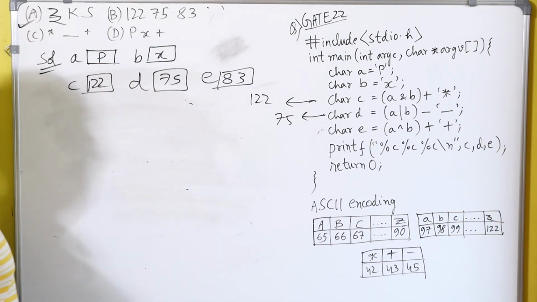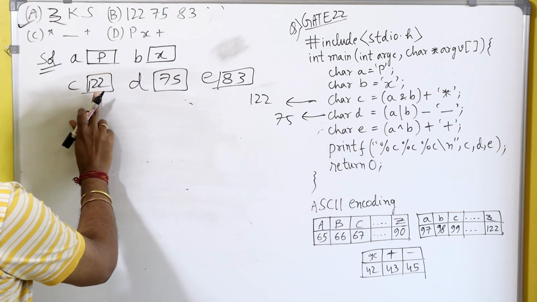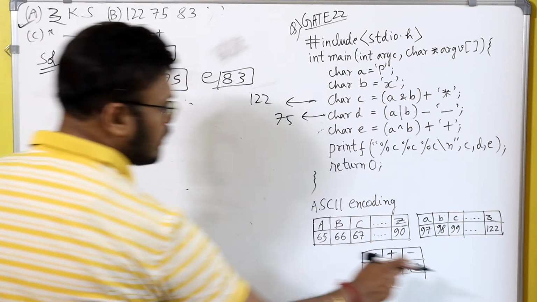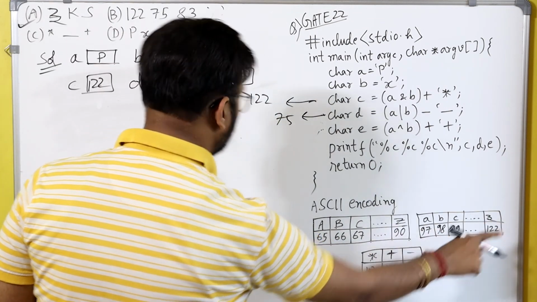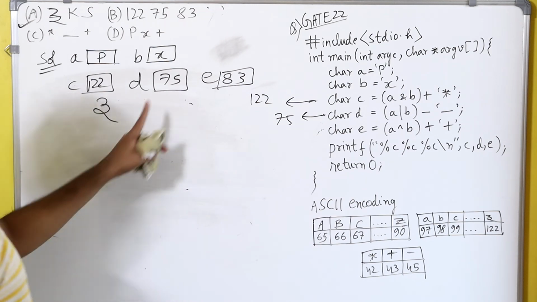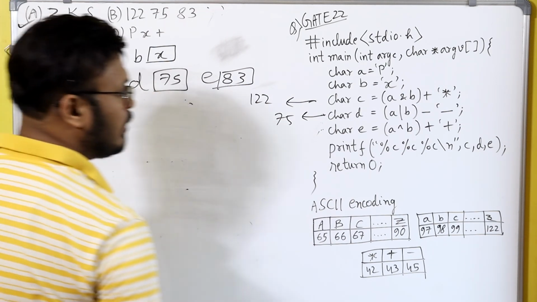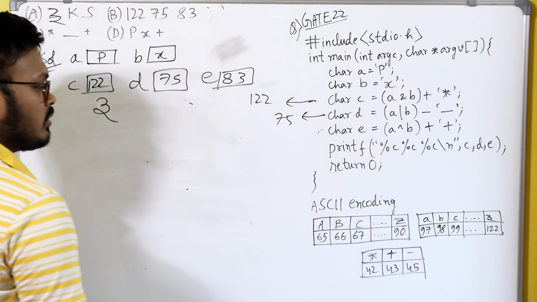Fine. So for capital C, so for 122, it corresponds to this small z. Here you can see. So z will be printed here. Fine. And now D. Okay. So D has the value 75. So now 75 corresponds to what?